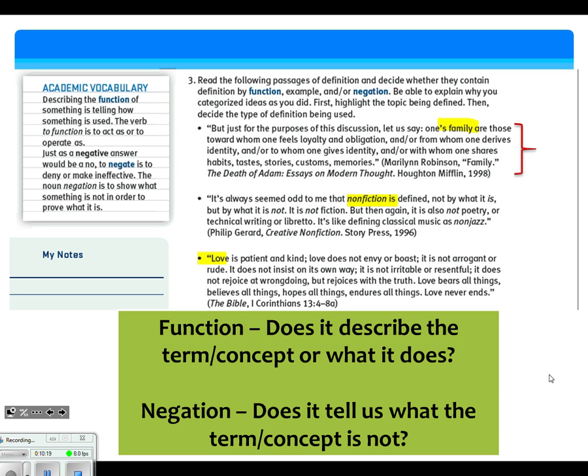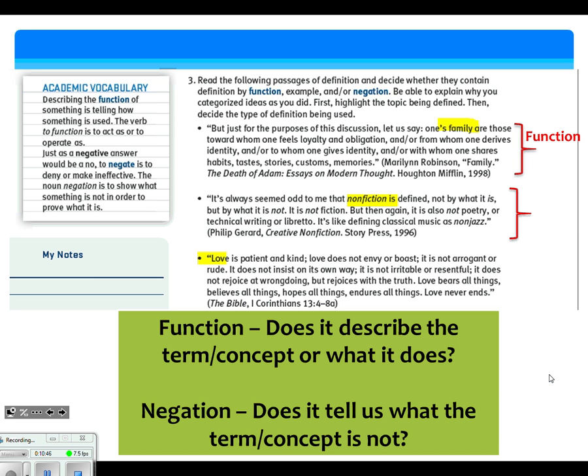Did it give us an example of a family, giving us the proper name of a family, ever? There really isn't one. There isn't a proper name of a family. What you're looking at is function, because it's describing what a family is. Family is loyalty. Family is obligation. Family gives identity. There's our verb, giving us something. It shares something.